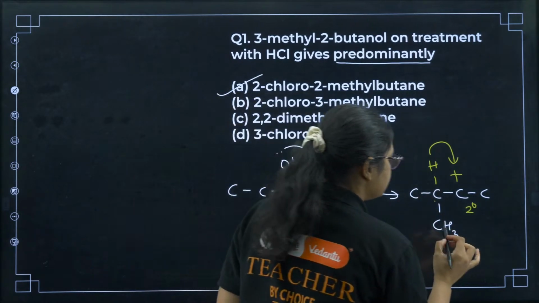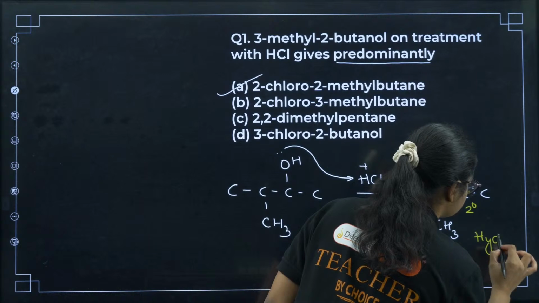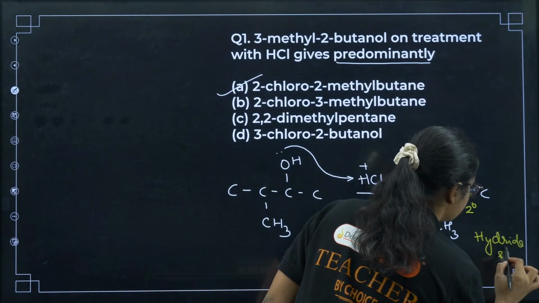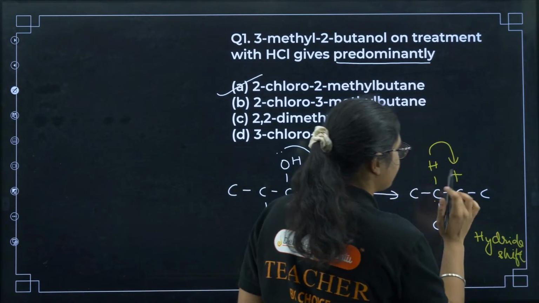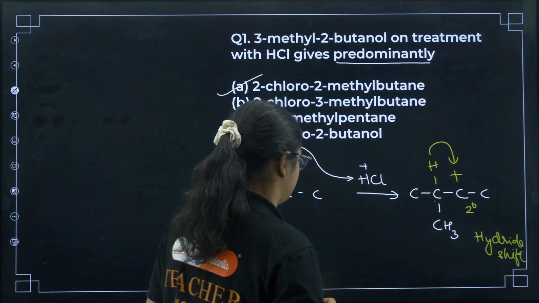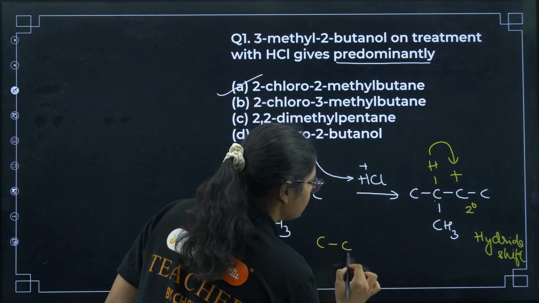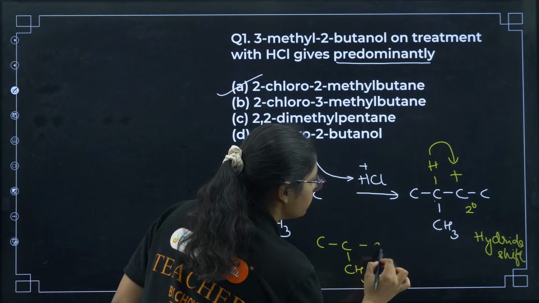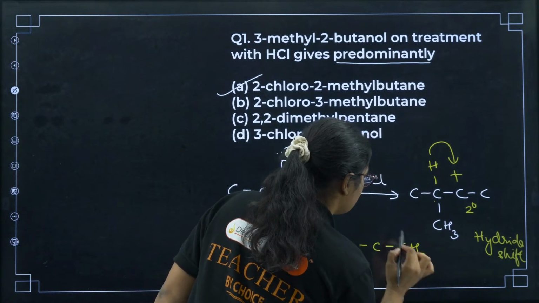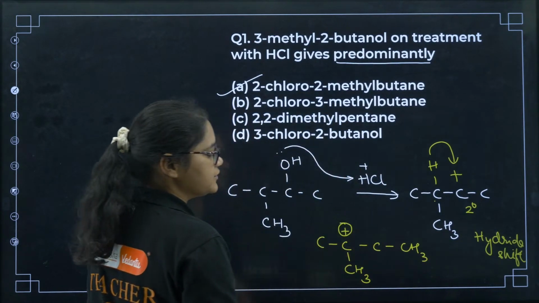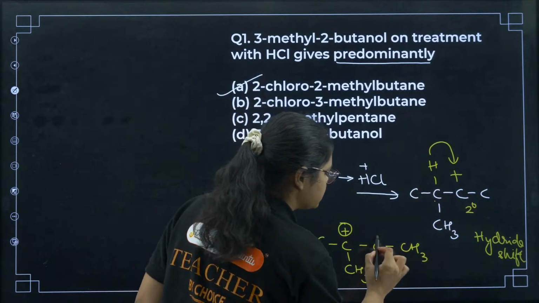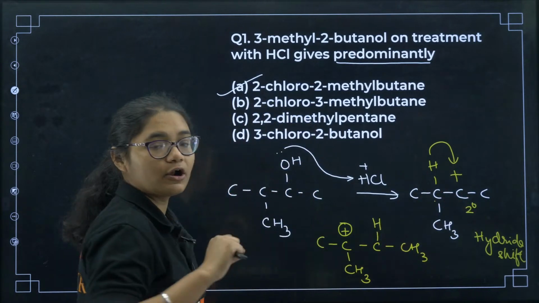So here a hydride shift takes place. We have studied rearrangement. This hydrogen comes here, and we get the positive charge on this carbon now. This is called hydride shift.